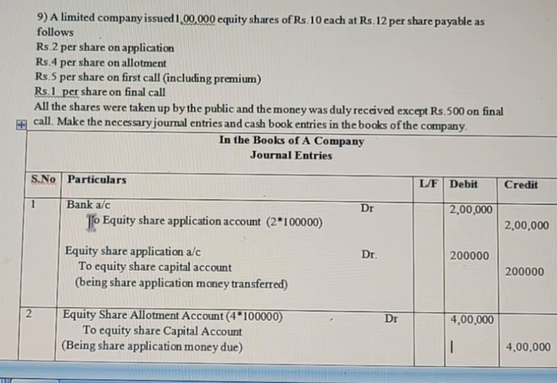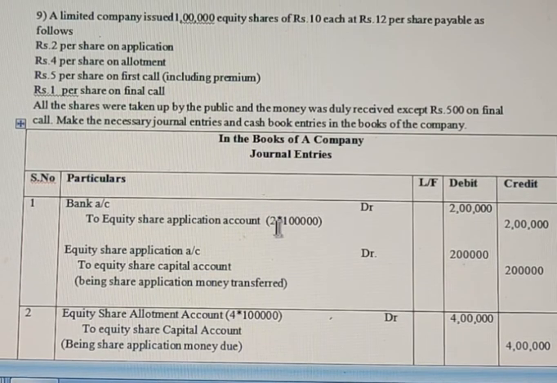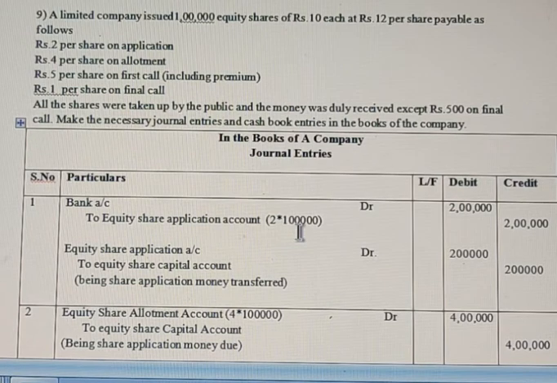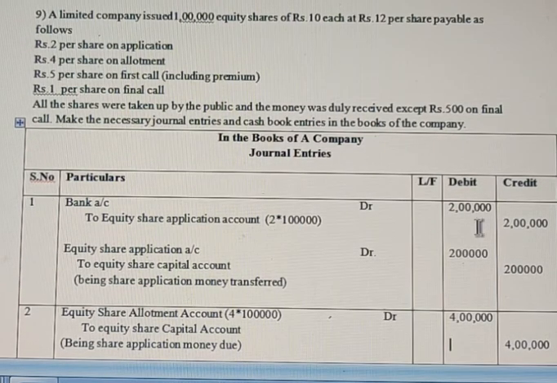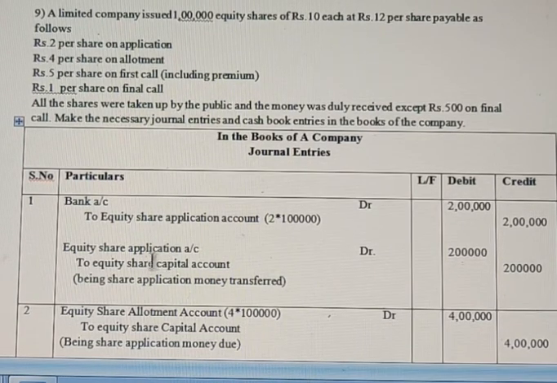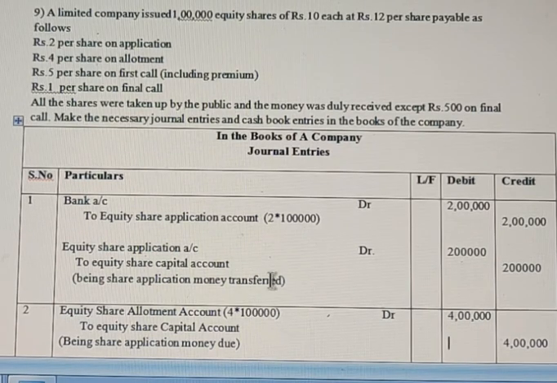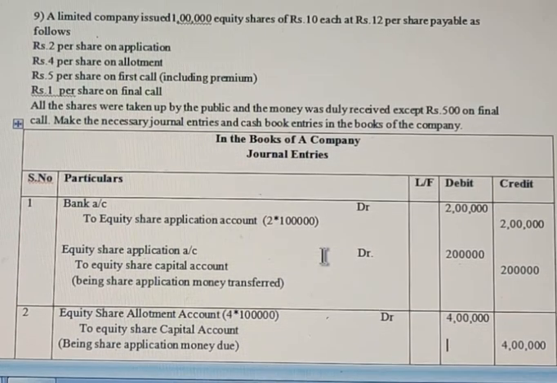Bank account debit to equity share capital account. How did we get 2 lakh? You're collecting rupees 2 on application and issuing 1 lakh equity shares. So 1 lakh into 2, you're getting rupees 2 lakh in the application stage. So the next entry is very clear: you're transferring this application money completely to the equity share capital account. These are the 2 journal entries that you give in the application stage.